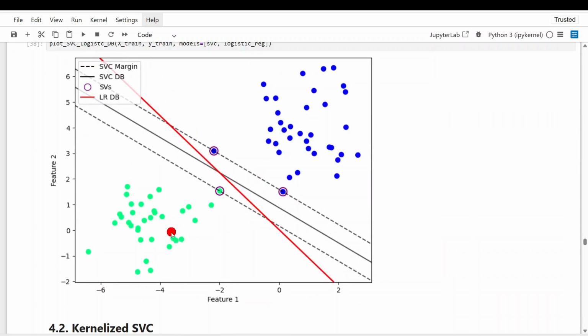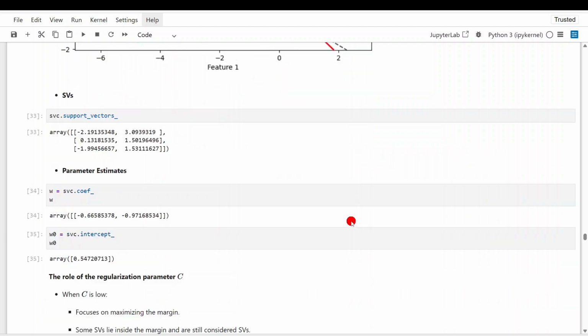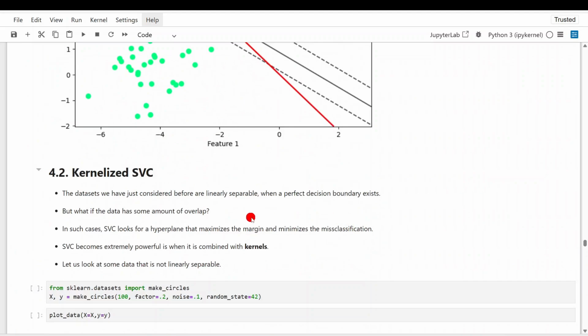So this is just the linear support vector classifier that we have considered before, because the data can be separated by a linear model, or simply by a straight line. Now let's consider the kernelized, or nonlinear, support vector classifier. The datasets that we have considered before are all linearly separable, so a perfect decision boundary exists.